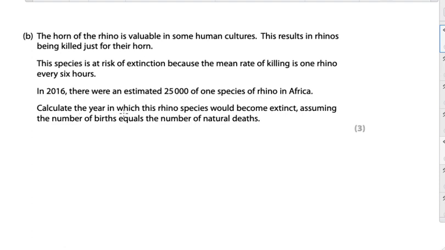We want to calculate the year which the rhino species will become extinct, assuming birth and death rates remain equal. Okay, so the first thing is if we've got one rhino is being killed every 6 hours. So how many per day?